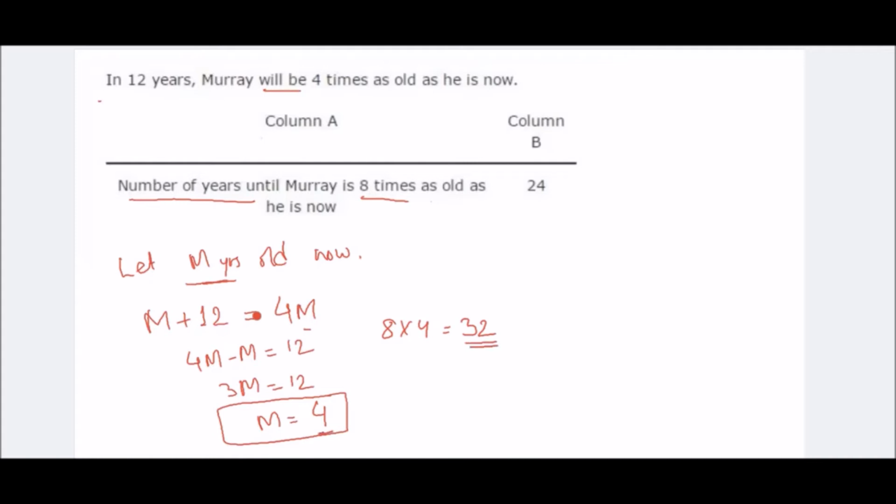And he is now 4 years old. So for finding the remaining years, we have to subtract 4, and that becomes 28. So after 28 years, Murray will become 8 times as old as he is now. So column A answer will be 28, which is greater than column B, and our answer will be option A.